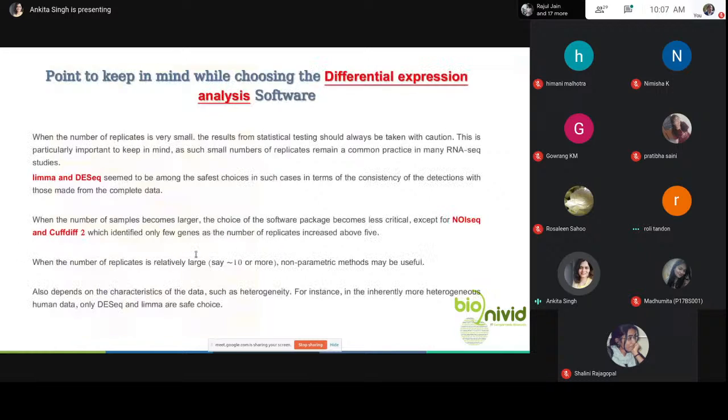Also, as I told earlier, it entirely depends upon your experiment, what is your biological question which you want to ask via this particular differential analysis step.